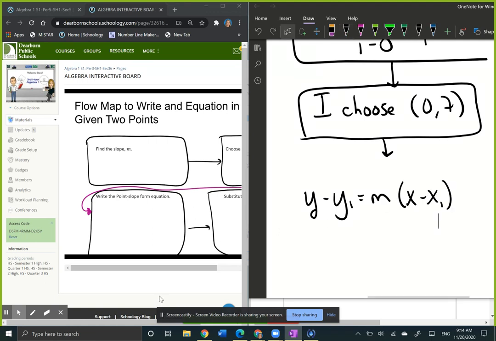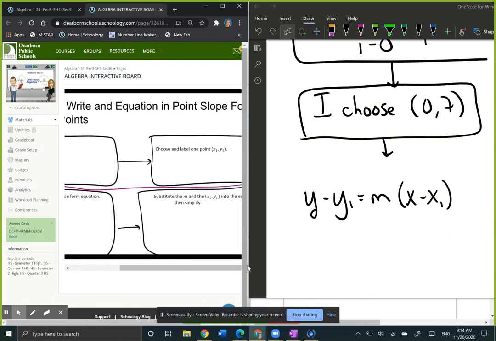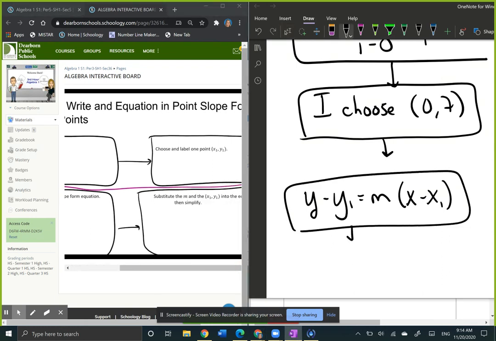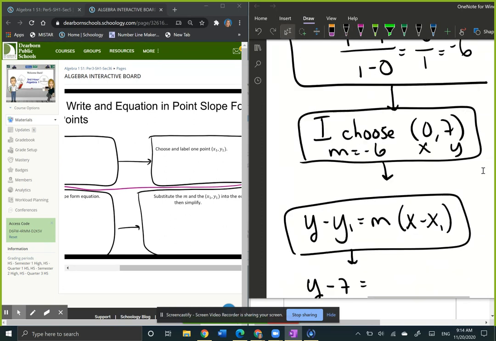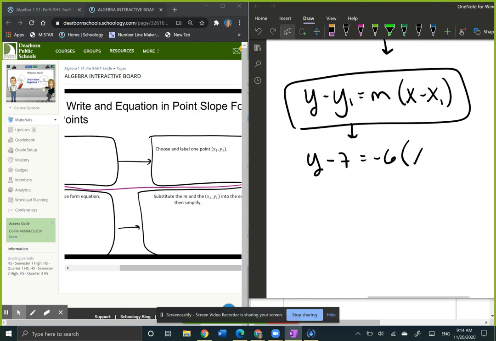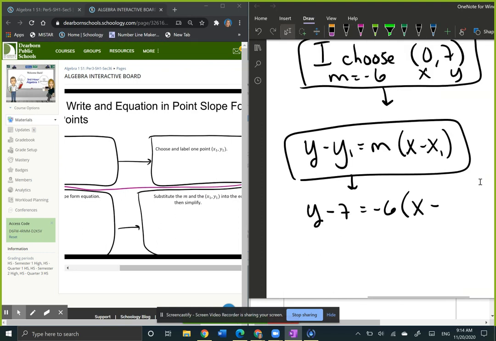Then you're going to substitute the x1, y1 into the equation, then simplify. So y minus, so this is x and y. So y minus 7 is equal to, our slope was negative 6. We found that up here. Times x minus, x1 is 0.